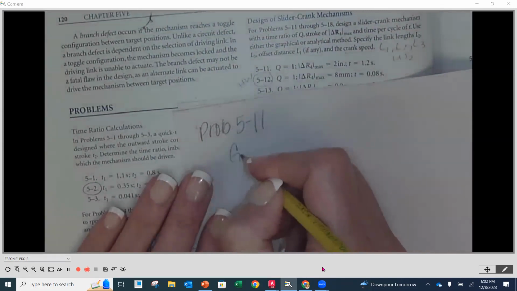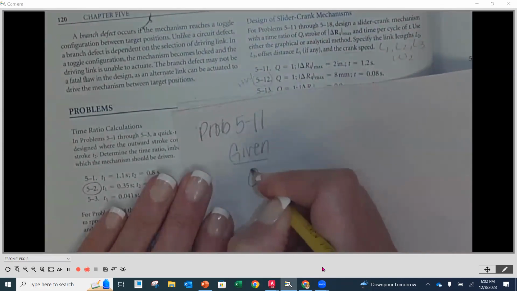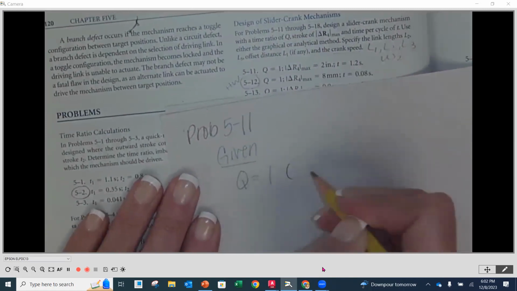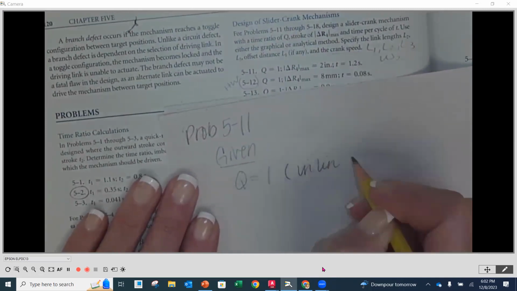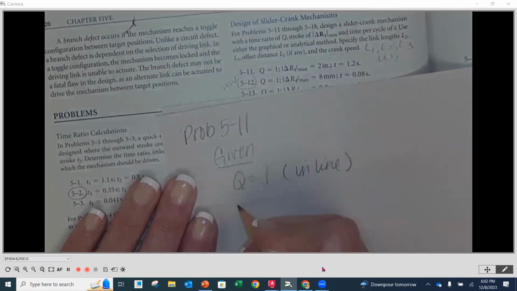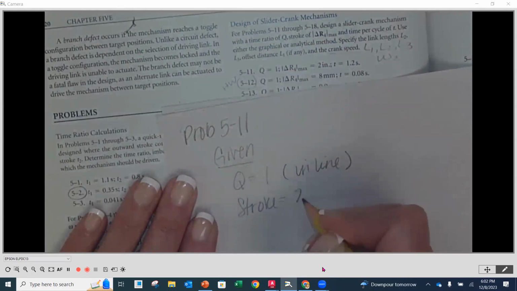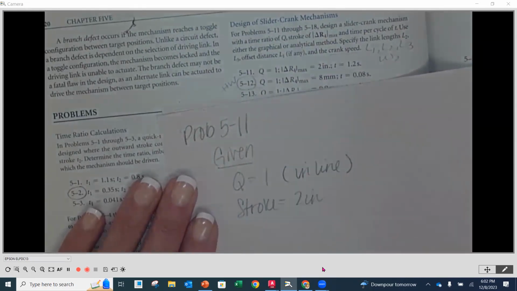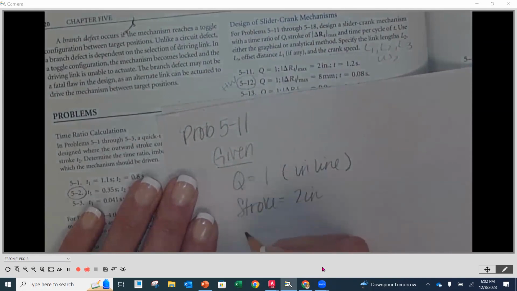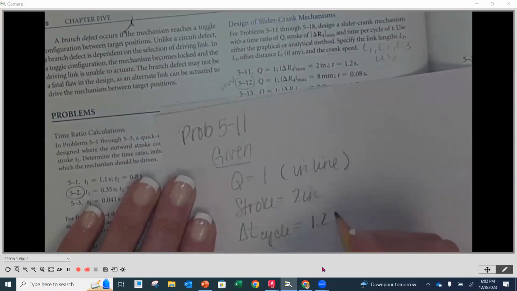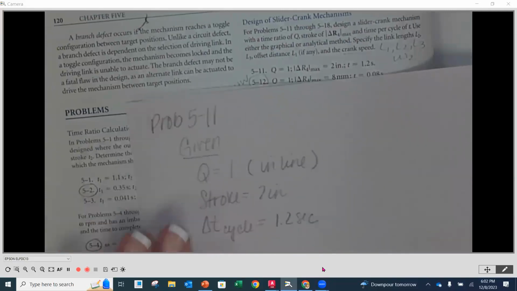We're given Q is equal to 1, so we know that this is an inline, right? I'm going to call it stroke is equal to 2 inches. Okay, that's what the delta R is. And then our change in T, which is our cycle time, that's going to be 1.2 seconds.